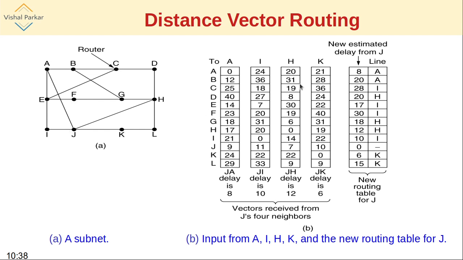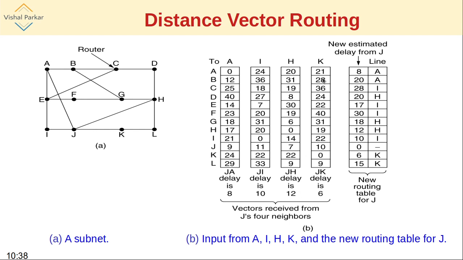of 20. Next, if J wishes to go through H, the HB distance is 31, which is reported by H, and JH distance is 12. So 31 plus 12, so it will be 43.